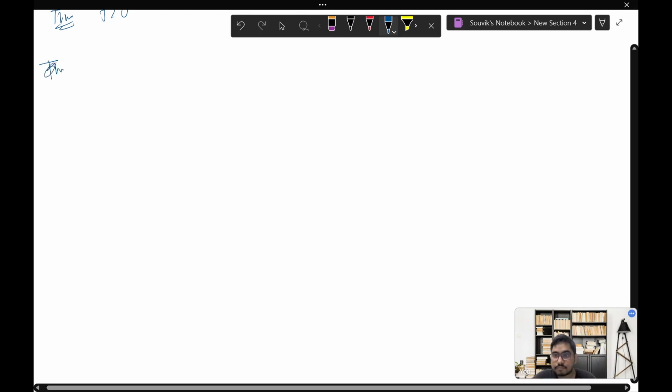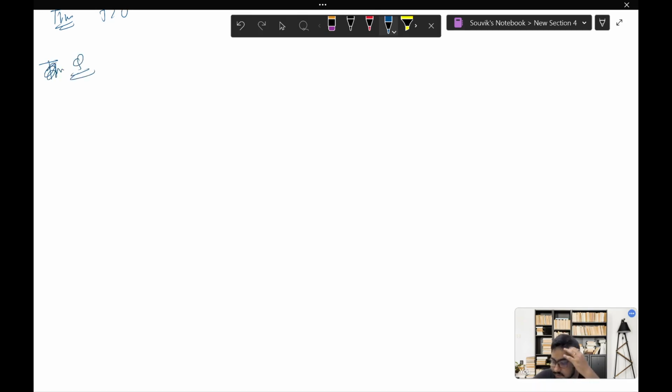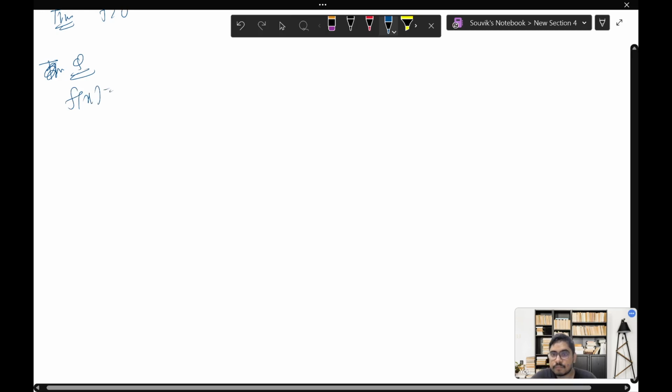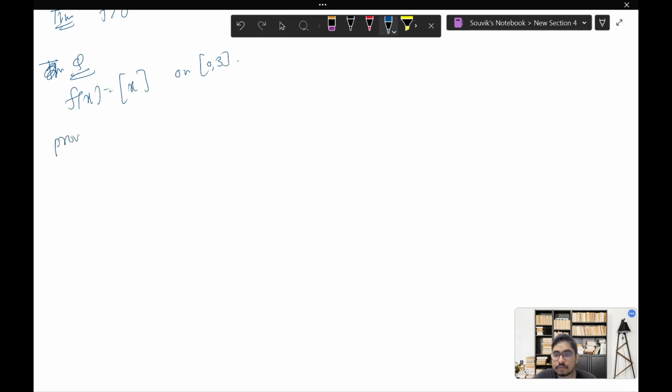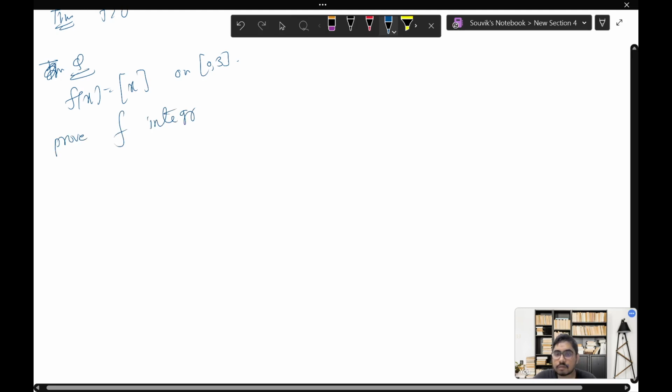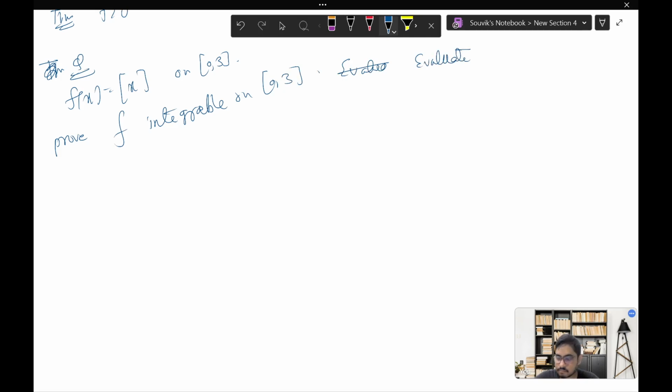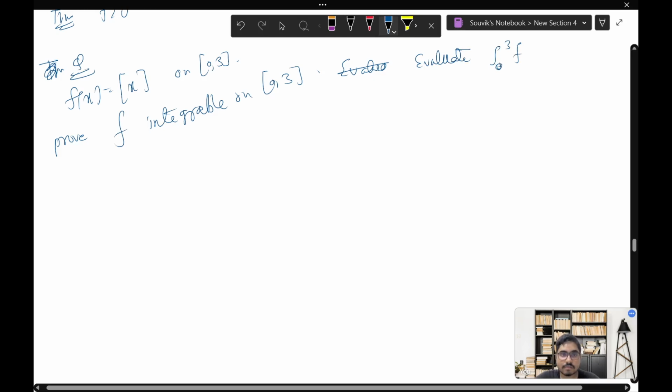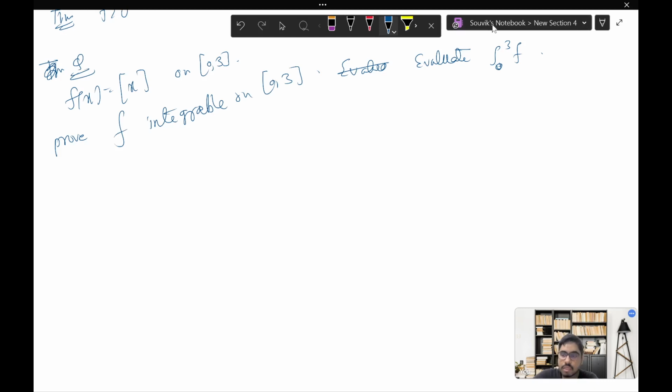So, consider the following problem. Let's look at the box function, f(x) equal to the bracket of x on [0, 3].